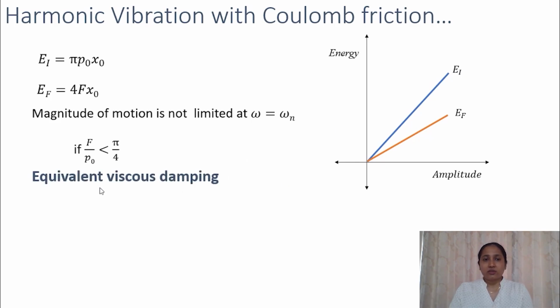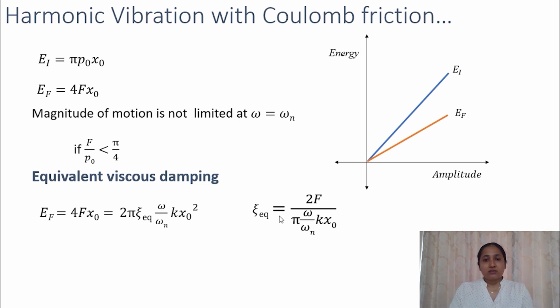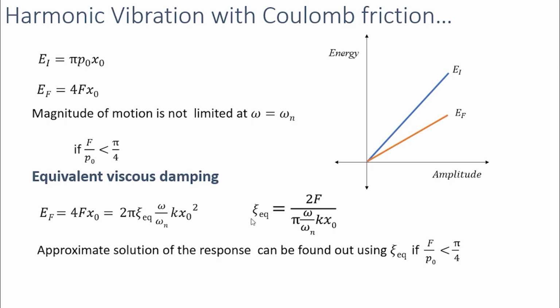Now let's calculate the equivalent viscous damping in the case of Coulomb friction. We can equate the energy dissipated due to friction to the energy dissipated due to viscous damping. If we do that, we get zeta equivalent equal to 2F by pi times the frequency ratio times k x naught. We can use this equivalent viscous damping to calculate the solution of this Coulomb friction damped system approximately.